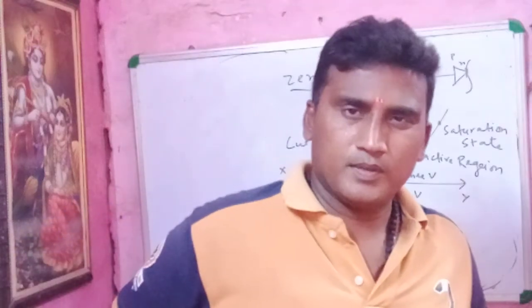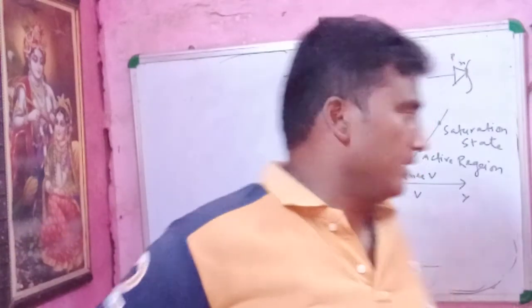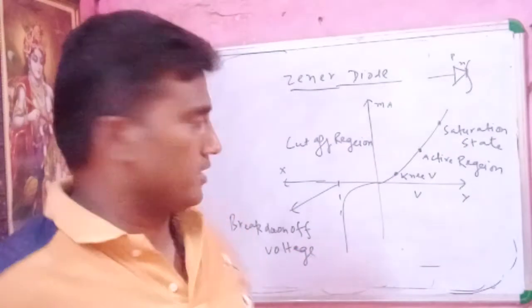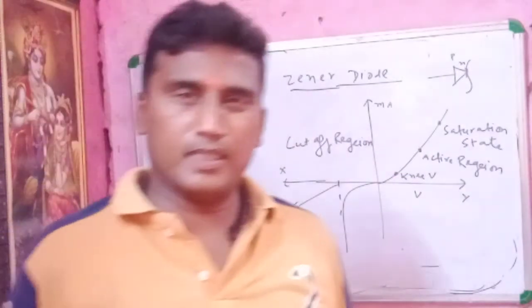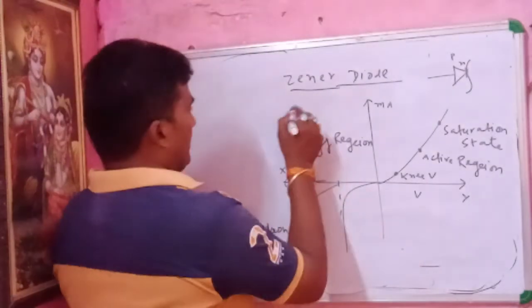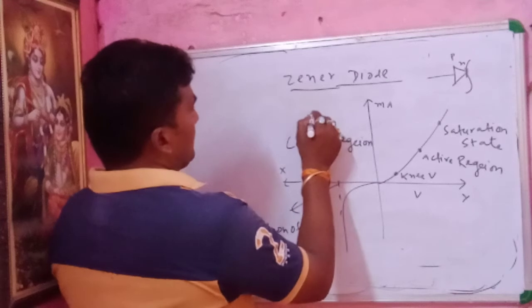The Zener diode graph is generally represented with knee voltage, active region, saturation state, breakdown voltage and cutoff region. The symbol of the Zener diode is once again represented like this.